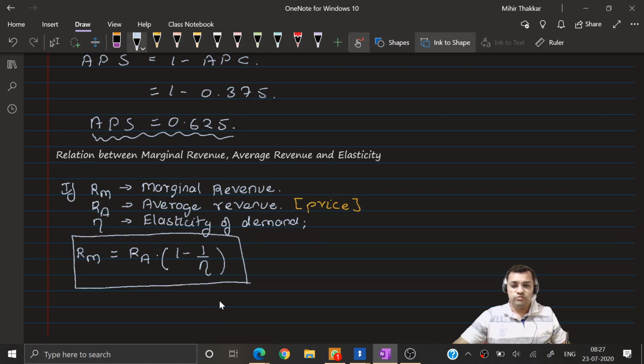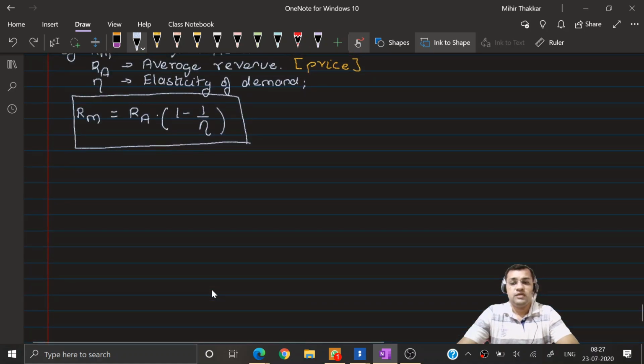You will be given the information about the marginal revenue, average revenue, and probably elasticity will be asked, or maybe they can give you the information about the average revenue and the elasticity, and ask you to find out the marginal revenue. In a similar way, they can also ask us to find the value of average revenue when the marginal revenue and the elasticity are given to us in the question.